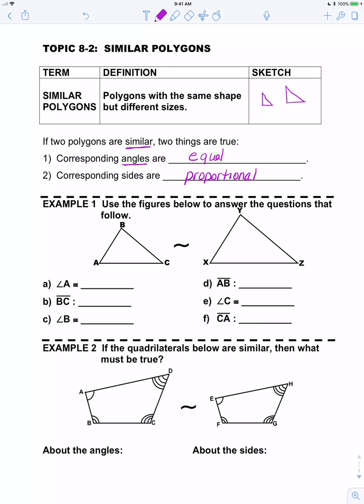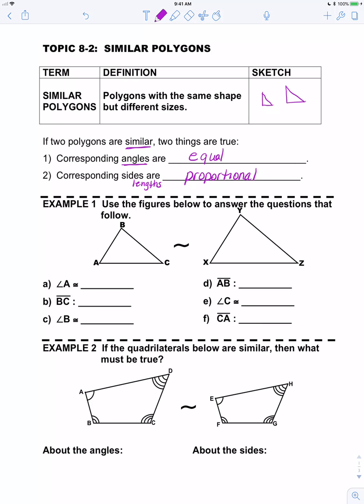So their side lengths, we're talking about the lengths of each side. Think about putting something on a copy machine and you enlarge it or reduce it, you're not changing the angles of anything. You're just changing the lengths of the sides, but it's still all proportional to each other.